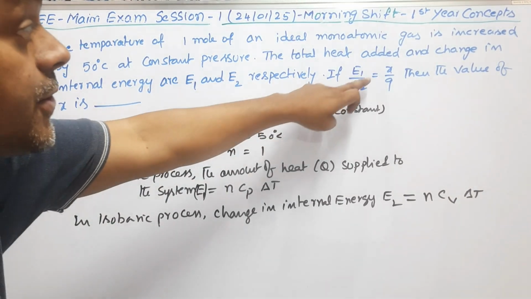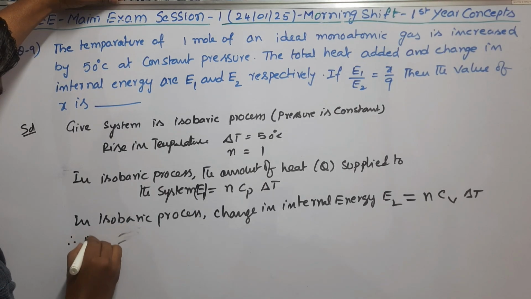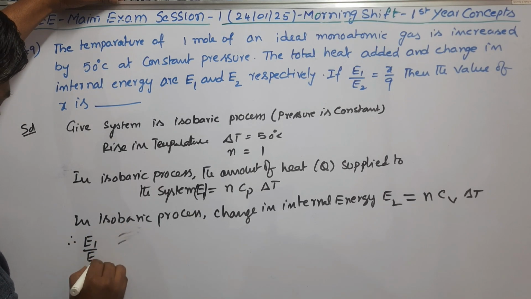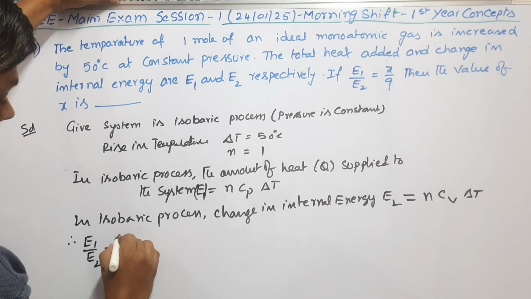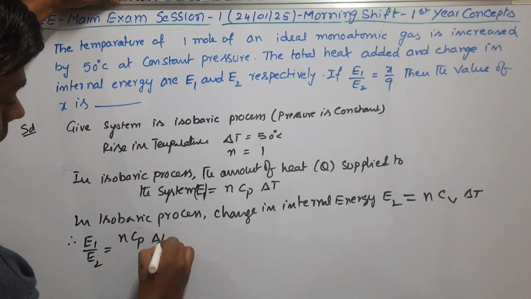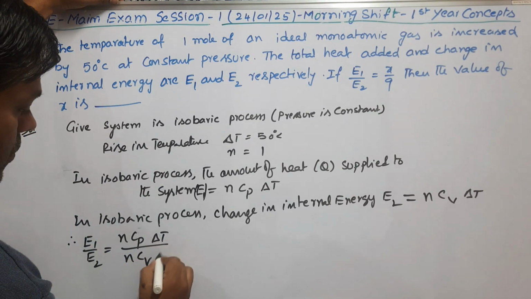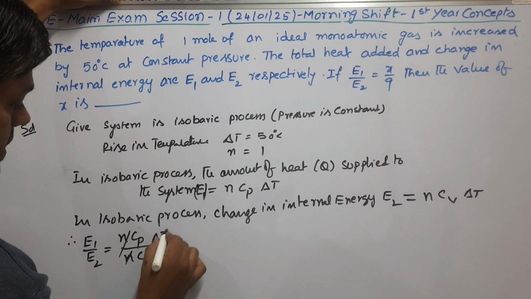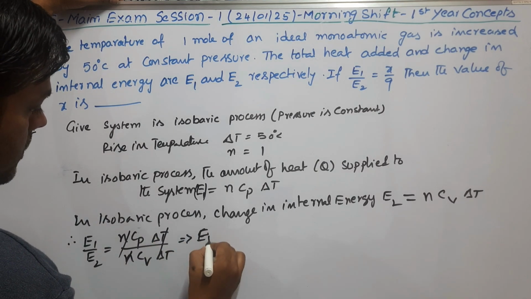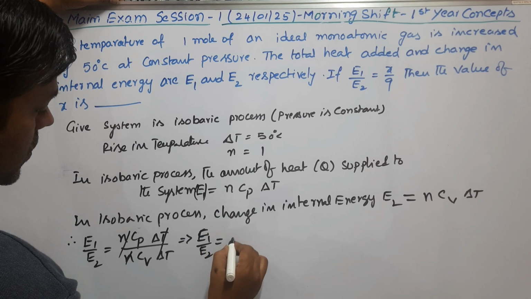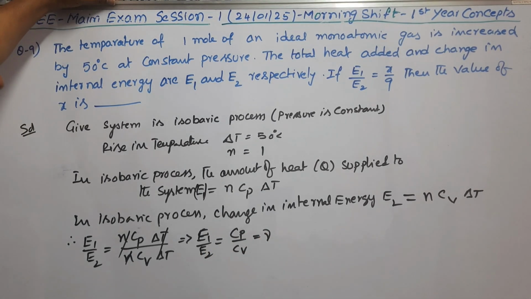Then E1 by E2 is given as x by 9. Generally, E1 by E2 is equal to n into Cp into delta T by n into Cv into delta T. The n and delta T cancel, so E1 by E2 is equal to Cp by Cv, which is gamma.